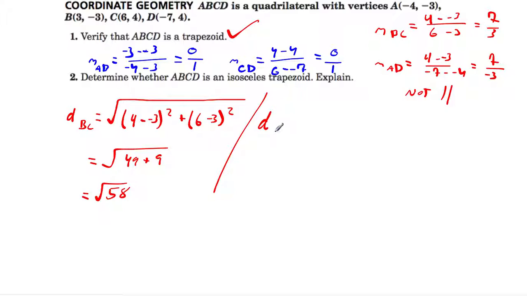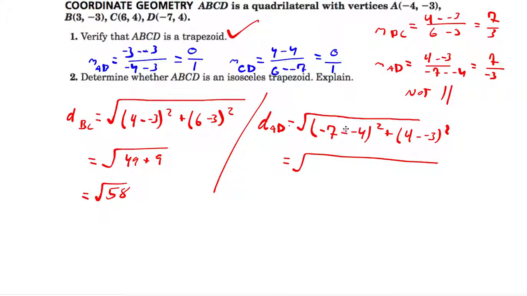What about the distance for side AD? Well, this is going to be equal to the square root of 4 minus a negative, whoops, it doesn't really matter with the x's or the y's, but all right, so negative 7 minus a negative 4 squared plus 4 minus a negative 3 squared.